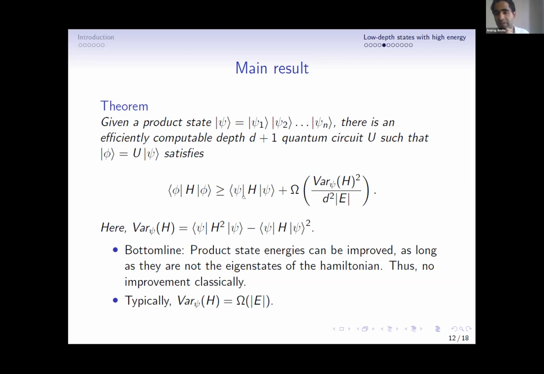For a classical Hamiltonian, the variance term is 0 for the best product state, because the best product state is an eigenstate of the Hamiltonian. So clearly there is no improvement classically. This theorem only works when my Hamiltonian is quantum, and when my Hamiltonian is classical, as expected, it is impossible to improve the energy at all. So that's the main theorem.